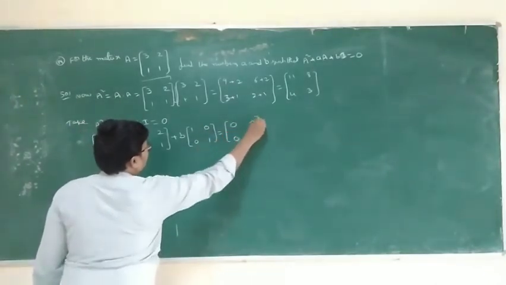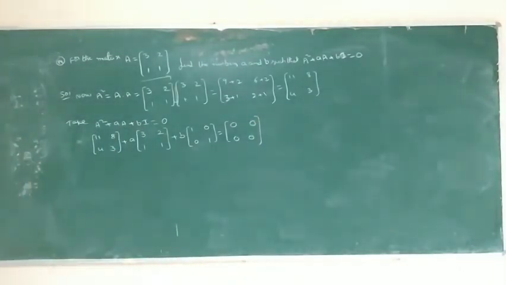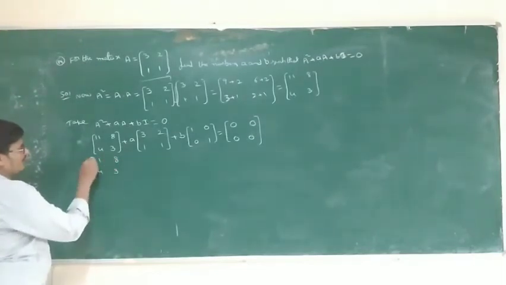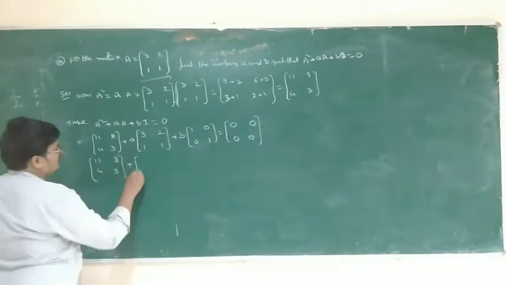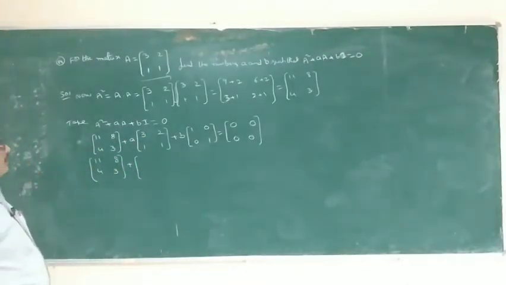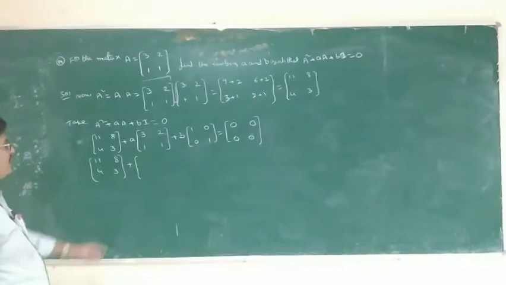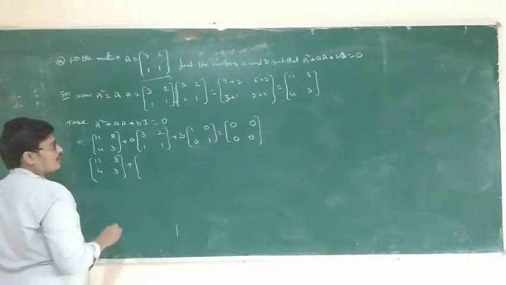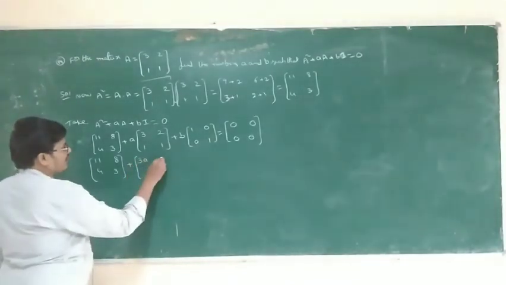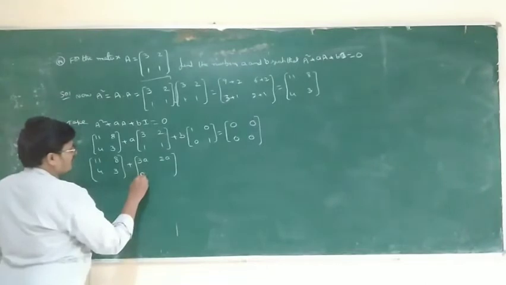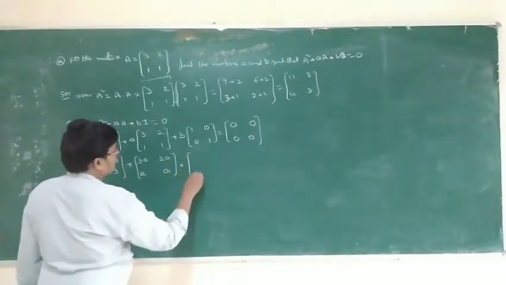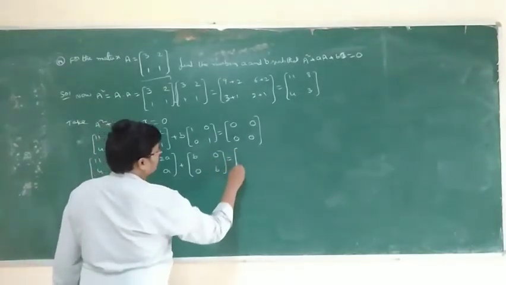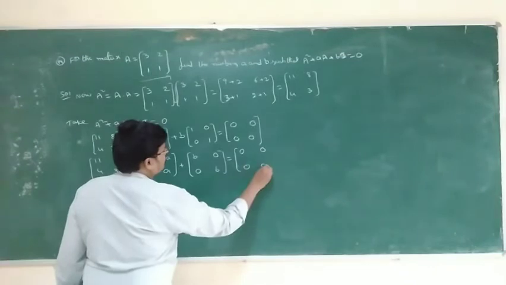The 0 matrix means all zeros in the matrix. So [11 8; 4 3] plus, multiplying each element by small a because of scalar multiplication of a matrix, [3a 2a; a a], plus [b 0; 0 b] is equal to [0 0; 0 0].